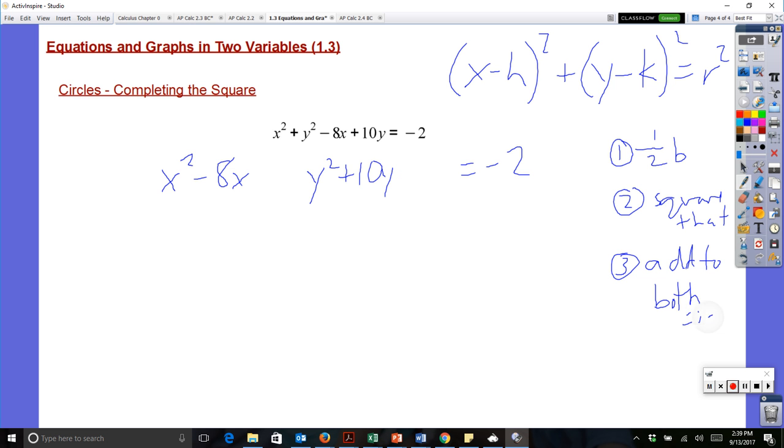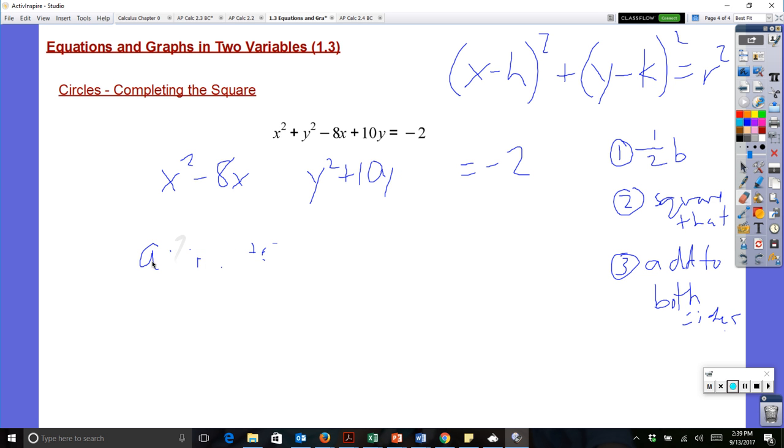Now we're going to do that twice because we have to do it for the x and for the y. Now, if there's a constant there, again, we move it out of the way, so there's nothing there. So when I talk about the a, the b, the c, I'm talking about ax squared plus bx plus c, which is like the format of a quadratic equation for the quadratic formula.